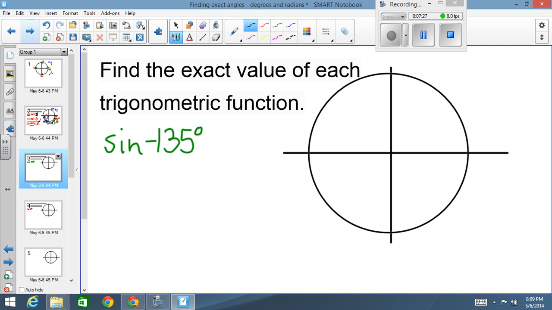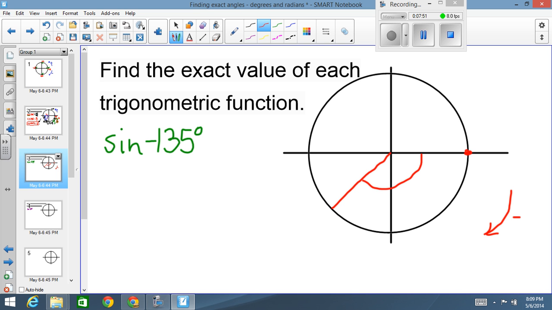Jot them down. Okay, let's do another one of these. The sine of negative 135. Let's start by finding negative 135. If I start here, and remember my negative direction goes this way, negative 90 will be down here at the bottom. I need to go another 45 degrees.